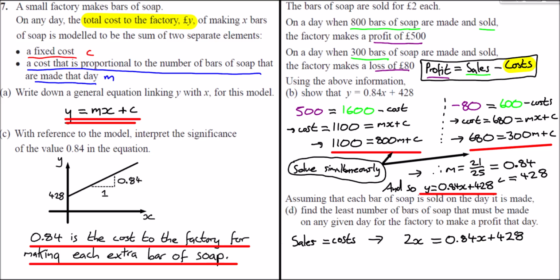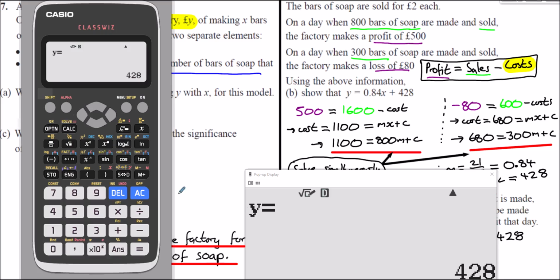So it's a very simple rearranging of this equation, to be honest. We just need to subtract 0.84x from both sides. So that will give us 1.16x equals 428.